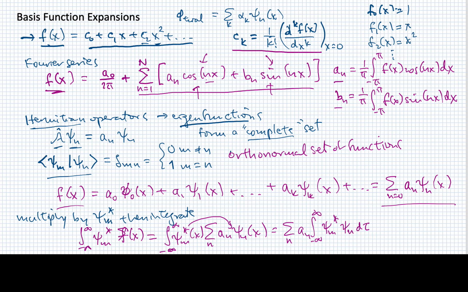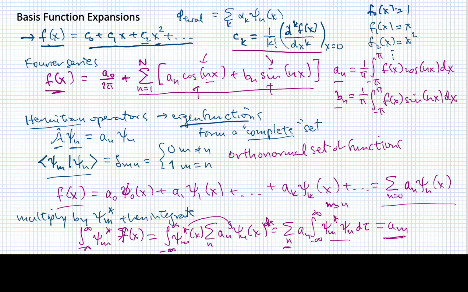But I know that, and I should have had dx here, if they're orthogonal, and they are orthogonal if they are eigenfunctions of a Hermitian operator, this is going to force us to say m is equal to n in this summation, so this is just equal to a sub m.